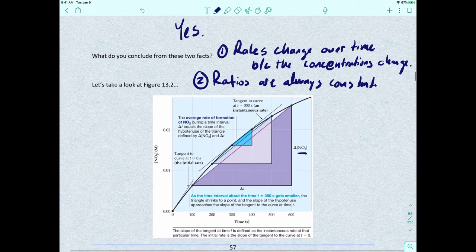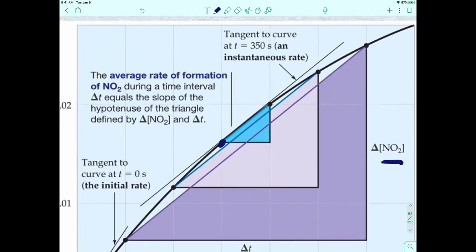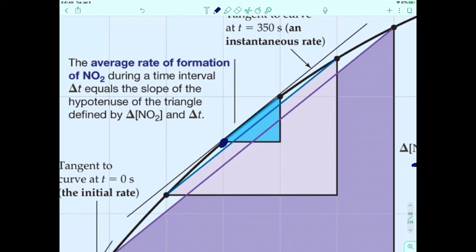So we know that the concentration's always increasing, and so what we're doing is saying, all right, if I want to know the slope of that line, what is the instantaneous rate of that point on the curve that I just marked out, I'm going to have to draw a tangent line, and from that tangent line, I'm going to have to get the slope.